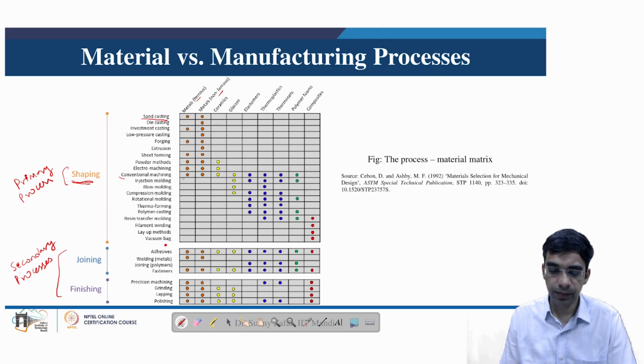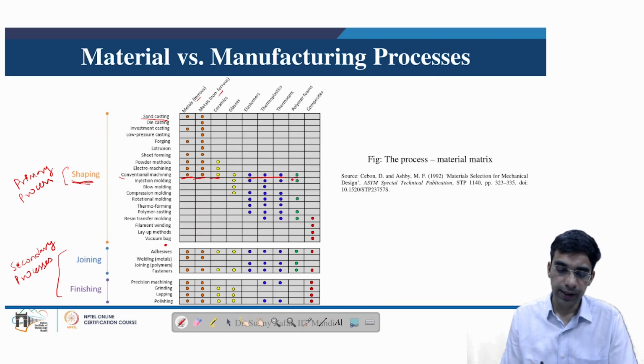So conventional machining processes, we know, are very versatile in terms of handling workpiece materials. So they are suitable, say here, for metals, which is ferrous and non-ferrous both. To a certain extent, they can also manage ceramics with very hard cutting tools, glasses, elastomers, thermoplastics, polymers, polymer foams, and so on.